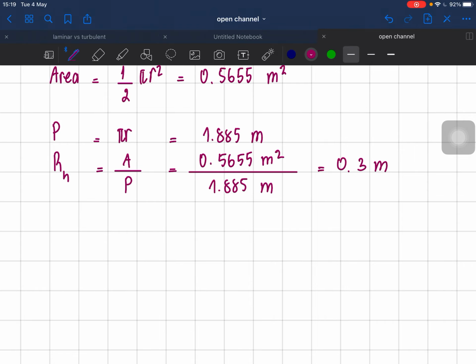In Manning's equation, U is equal to the square root of S over n times RH to the power 2/3. Then Q equals UA.